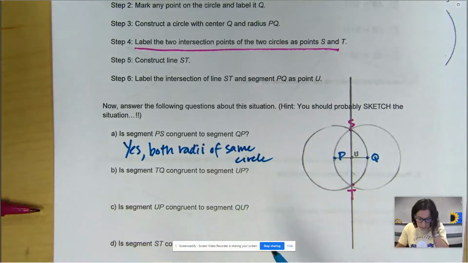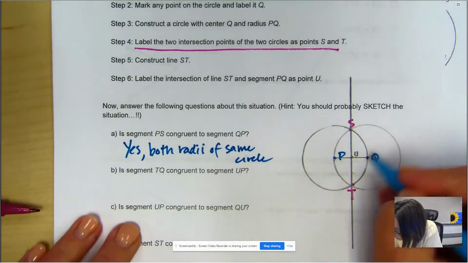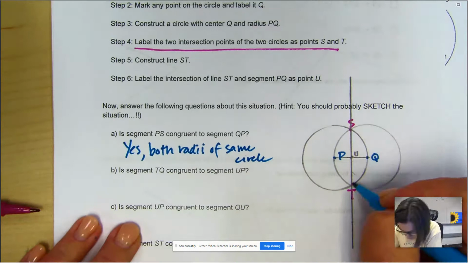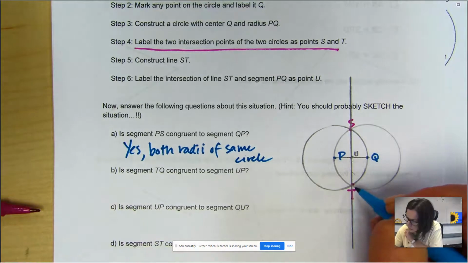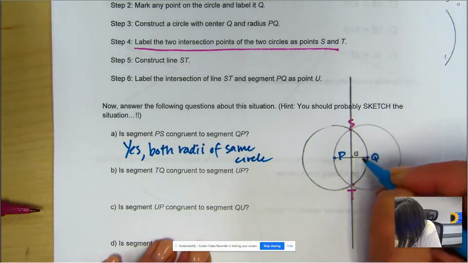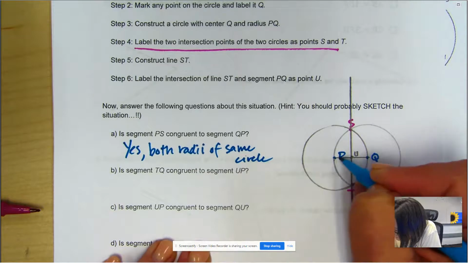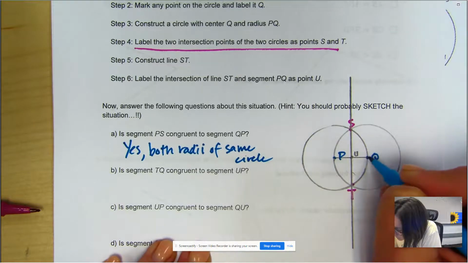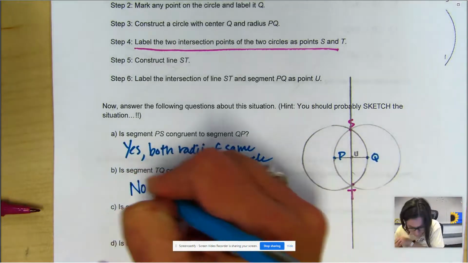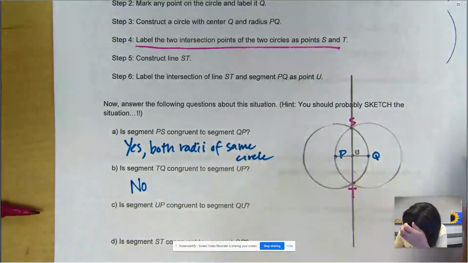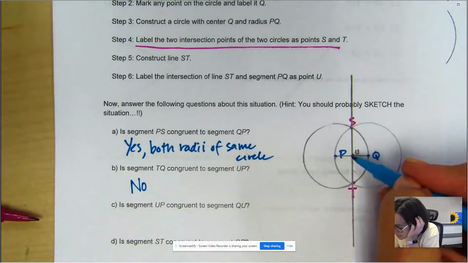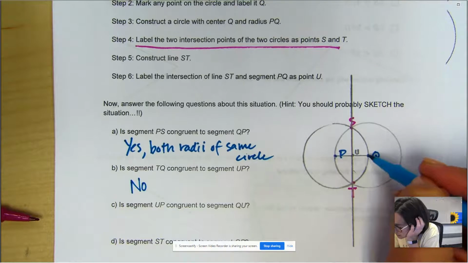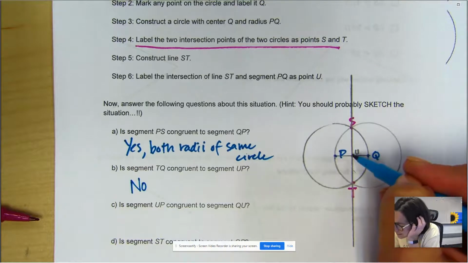Is segment TQ congruent to UP? Well, UP is just half a radius. No. Is segment UP congruent to QU?